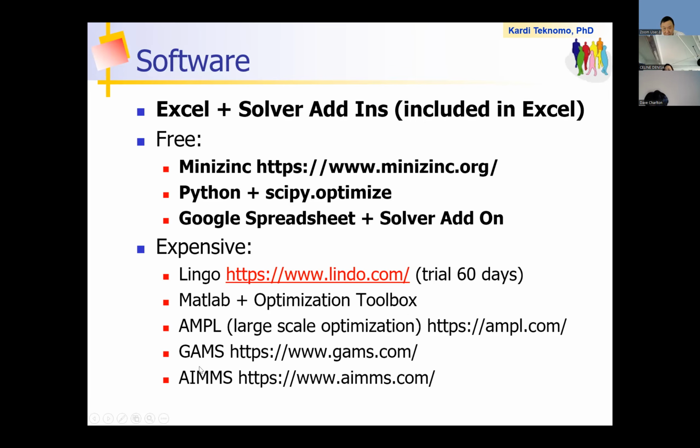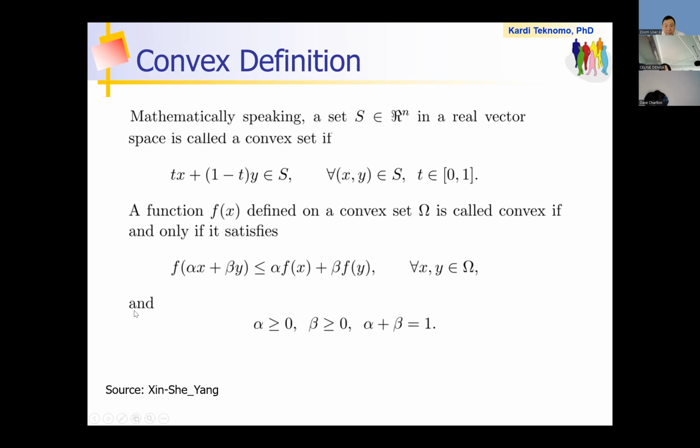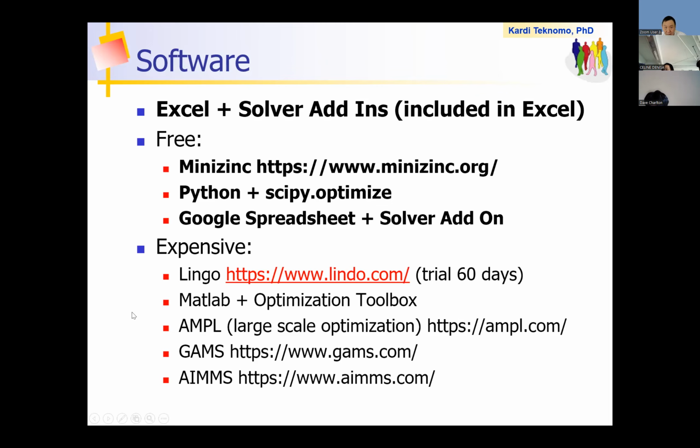The reason they are very expensive is because of the very specific algorithms inside. So you can check on your own. These are the links that you can check. For the purpose of class, I think Excel is enough. If you want more detail, you can use MiniZinc, which is free, or you can use Python or Google Spreadsheet with Solver Advanced.